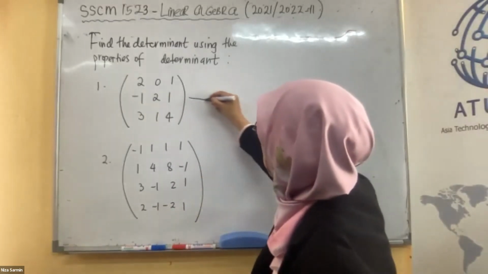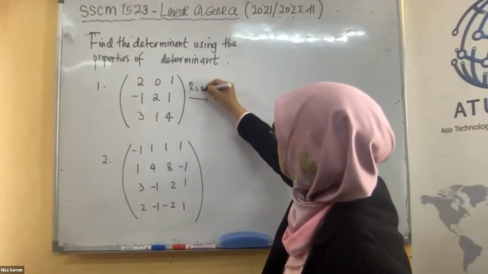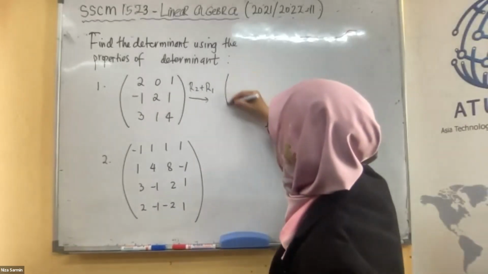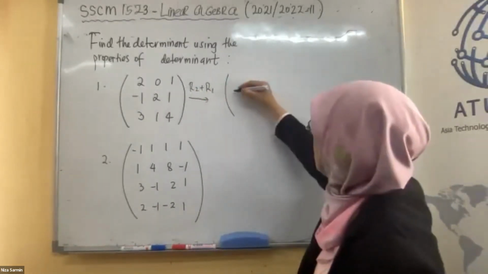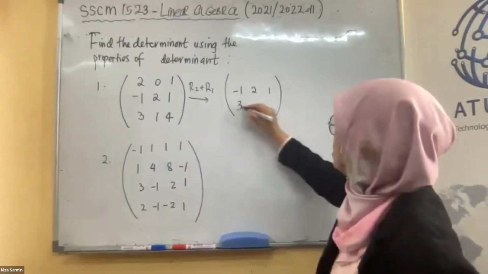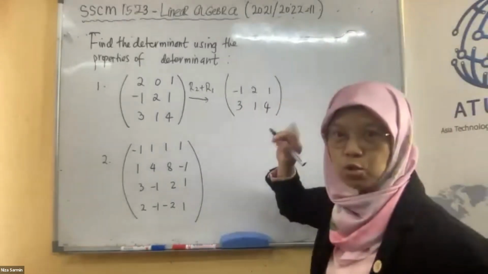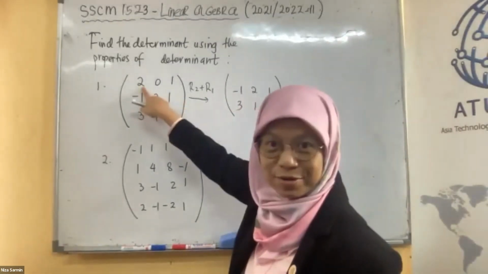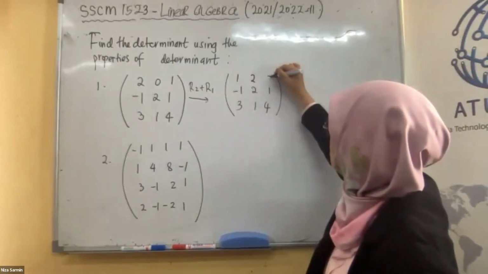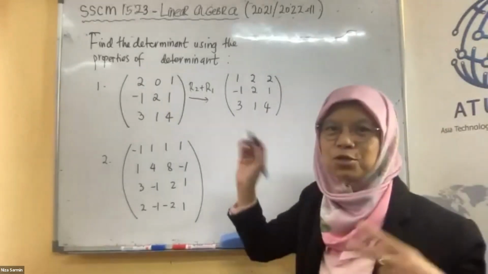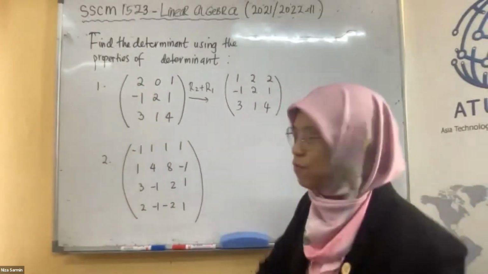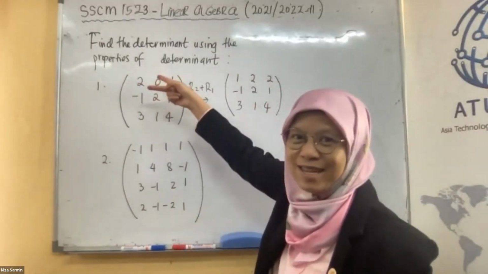Okay, let's try that. If we do R2 plus R1, you don't change R2, you don't change R3. So R2 plus R1 will make this one, so you put 1, 2, 2. I want this to be 1. If I multiply a row, I have to remember that I changed the determinant later.